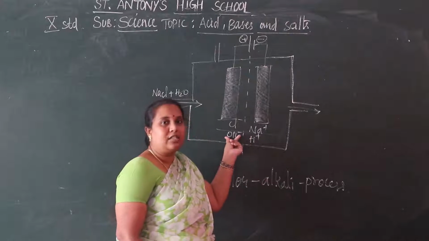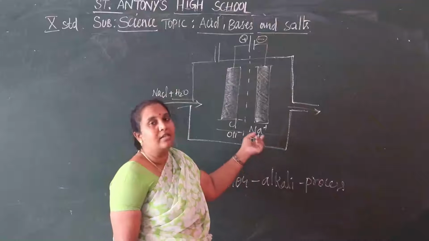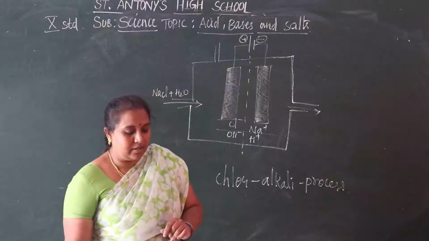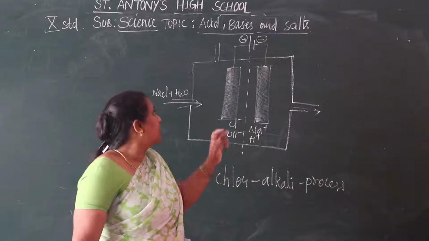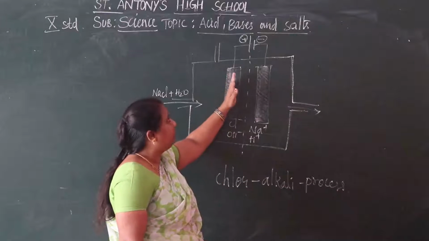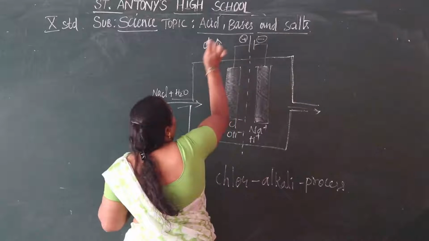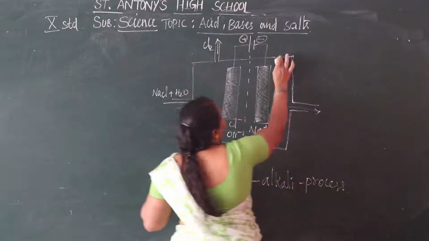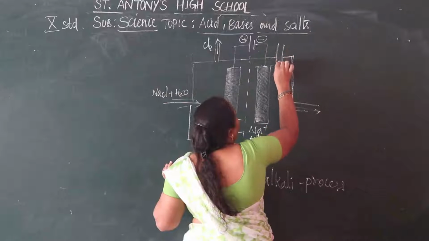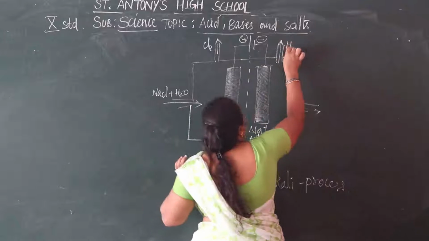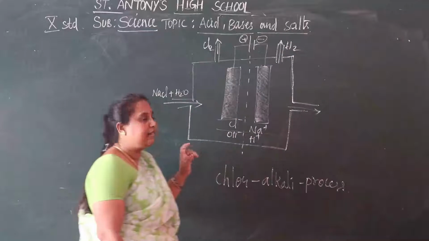These two, the hydroxyl ions and hydronium ions, conduct electricity. From this process, as a byproduct at the anode we get chlorine, Cl2, and at the cathode we get hydrogen gas.